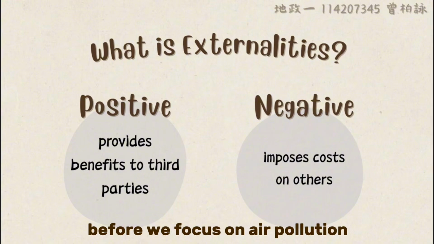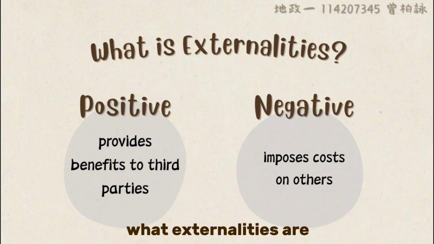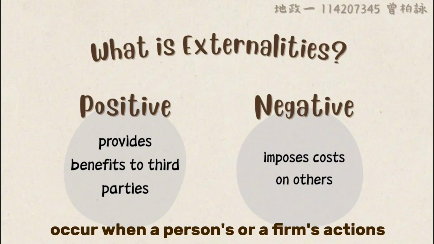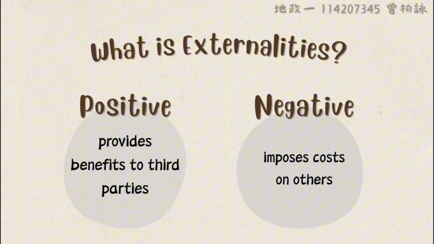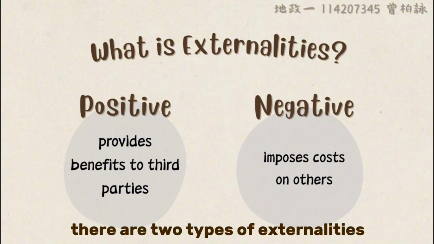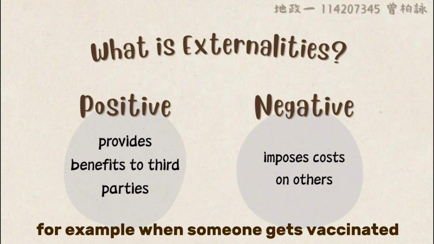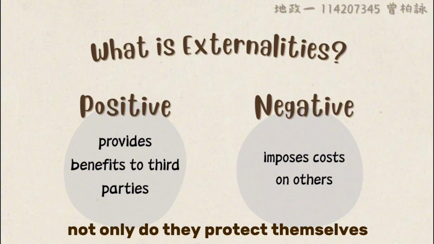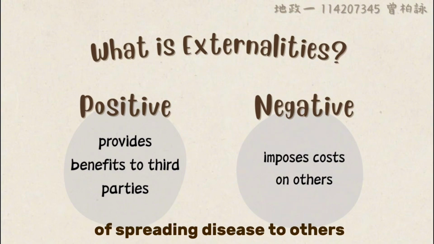Before we focus on air pollution, it's helpful to briefly review what externalities are. Externalities occur when a person's or a firm's actions have side effects on others, and these effects are not reflected in market price. There are two types of externalities. A positive externality provides benefit to third parties. For example, when someone gets vaccinated, not only do they protect themselves, but they also reduce the chance of spreading disease to others.